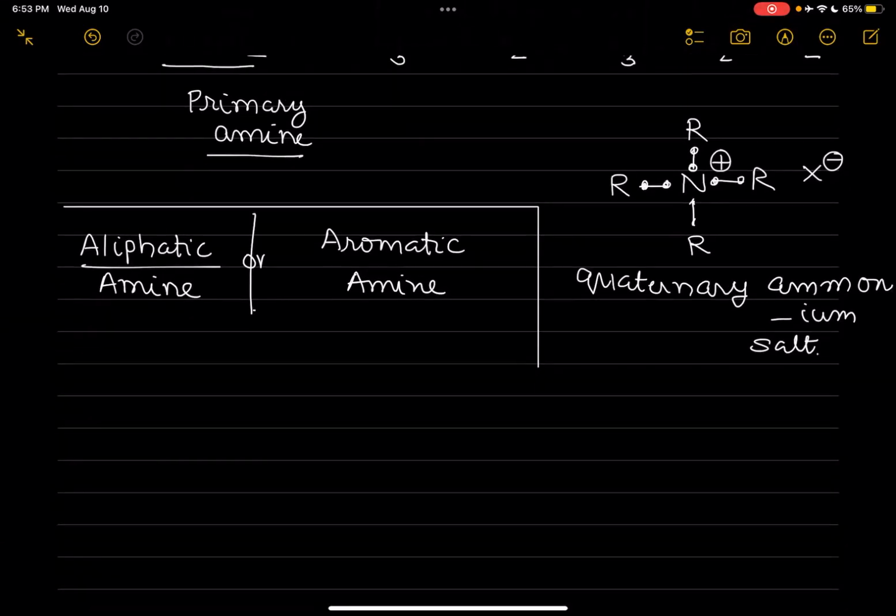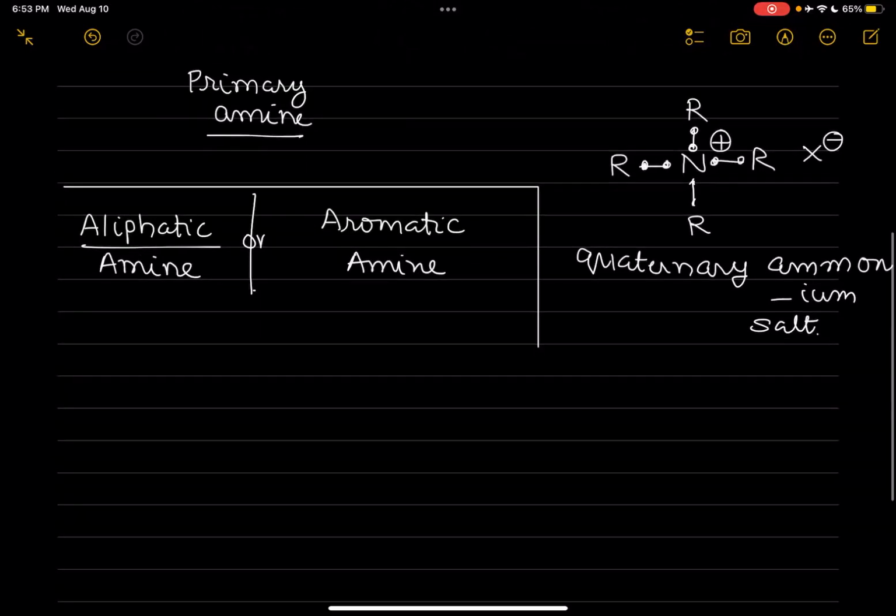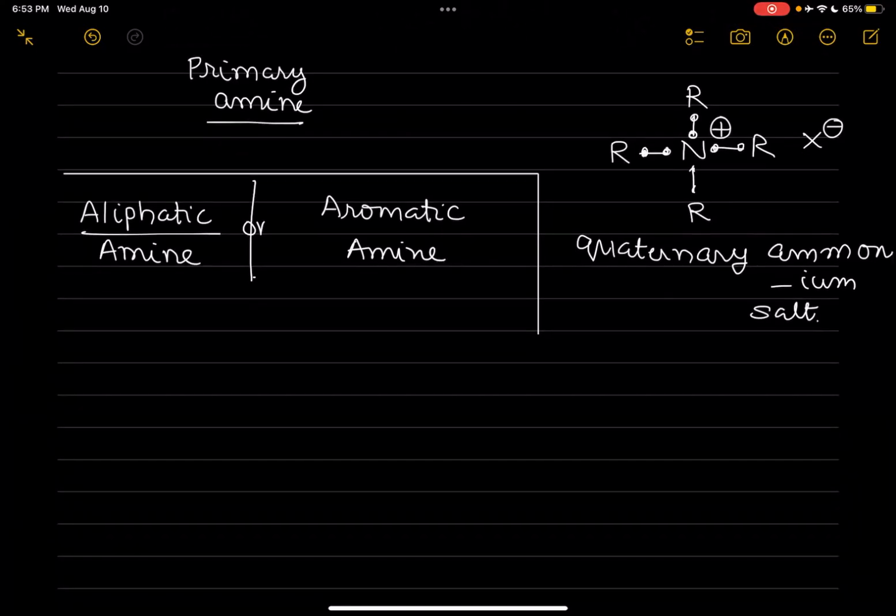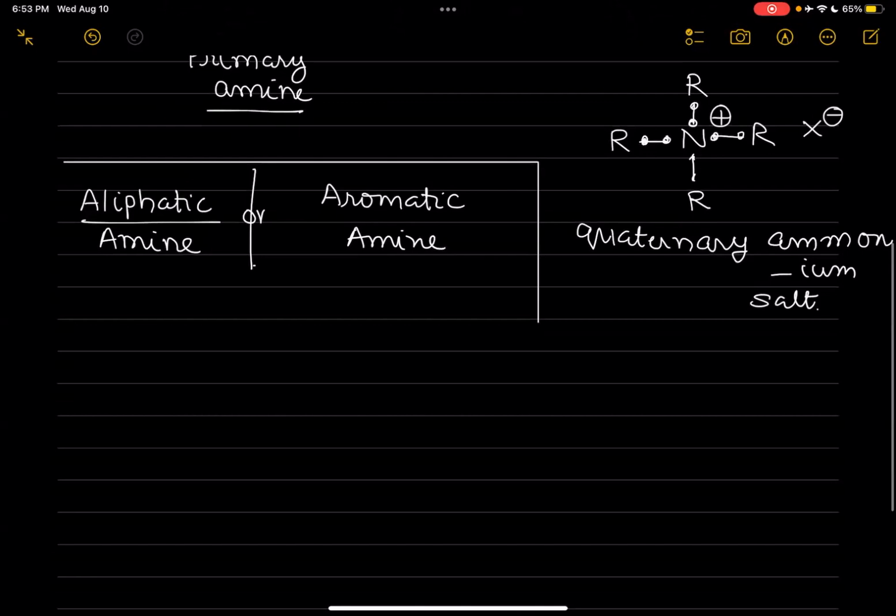No, sir. Aliphatic means normal carbon group is known as aliphatic group. Just like methyl, ethyl, propyl, butyl. That is called normal aliphatic group. If NH2 is connected to a normal aliphatic group, that is called aliphatic amine.